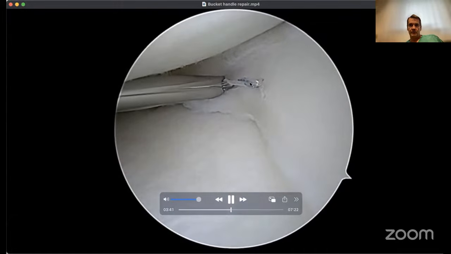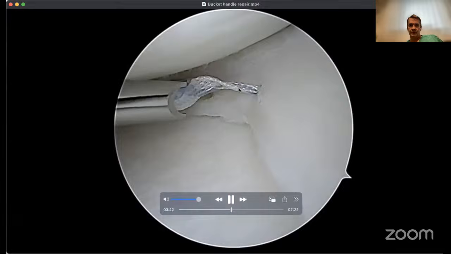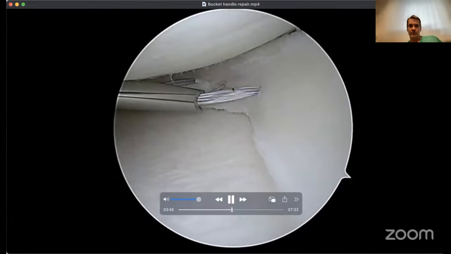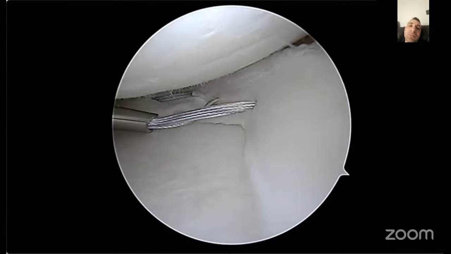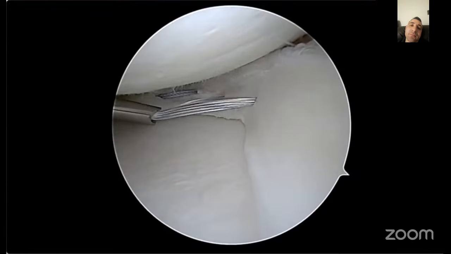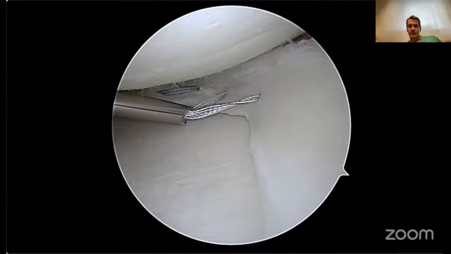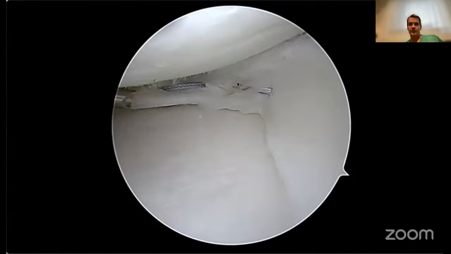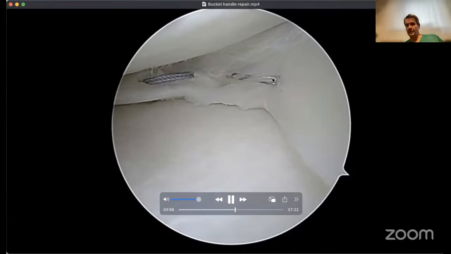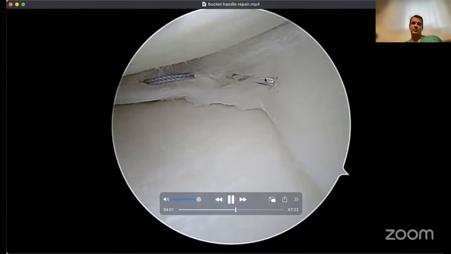After pulling the suture material through the meniscus, you tie a knot, or you lock both threads by tying a knot over the posterior capsule or the base of the meniscus. This is also a very strong suture.